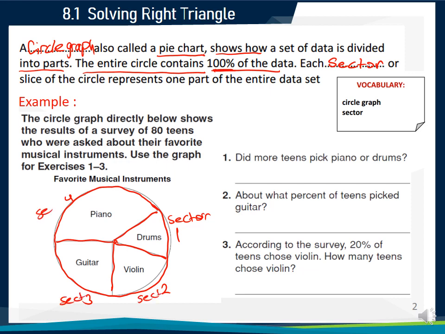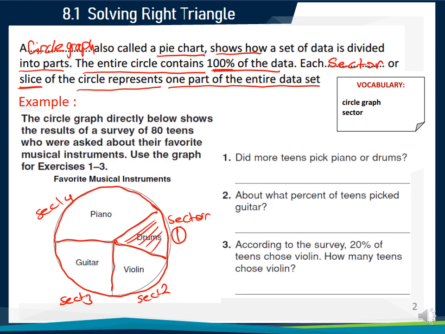Each sector, or slice of the circle, represents one part of the entirety of the data. Sector 1, for example, represents one part of the whole data set.